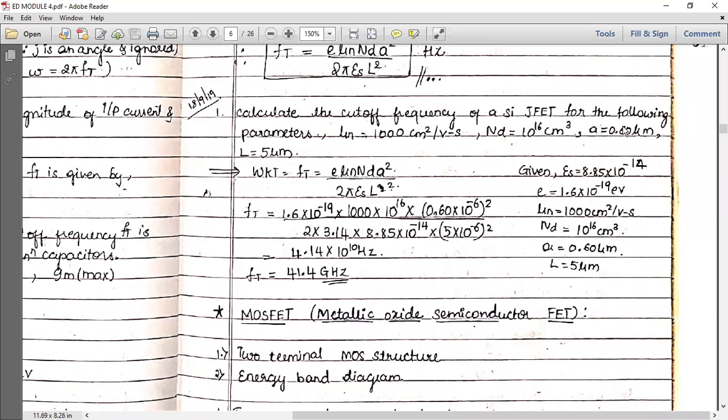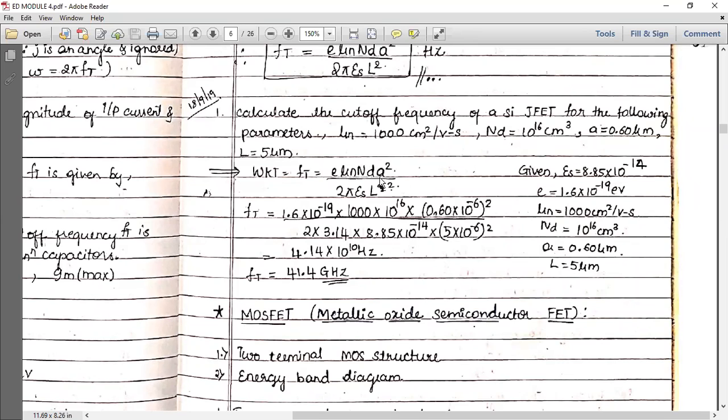If E and epsilon s are not given, then these two are constant parameters, and you need to remember them. For the electron, the value is always 1.6 into 10 raised to minus 19. Similarly, the permittivity of free space, epsilon s, is 8.85 into 10 raised to minus 14. These are standard values. If the problem does not mention them, you have to remember them and substitute them in the given formula.